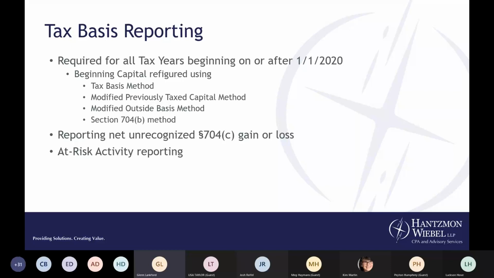So, for example, Josh and I are 50-50 partners in a partnership, and our capital is $50 each. And somebody else comes into the partnership and contributes $100 for a 1/3 interest. Well, that $100 1/3 interest would indicate a $300 value in total.